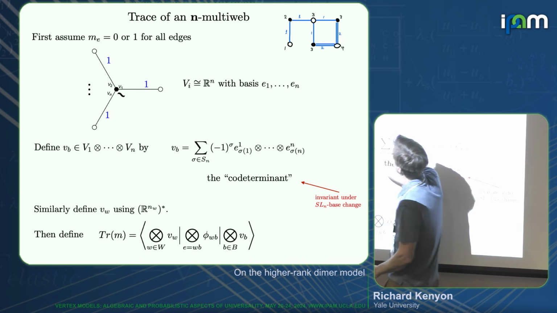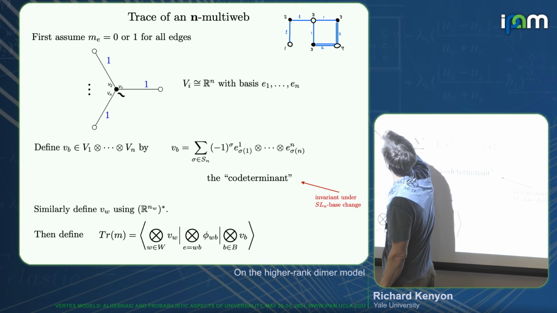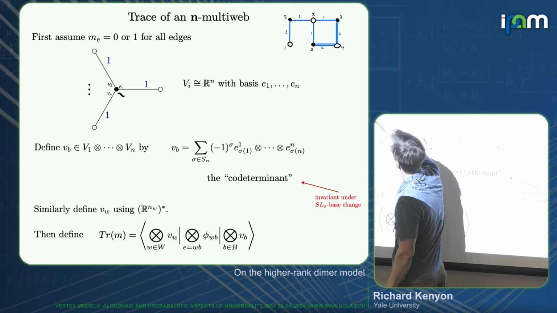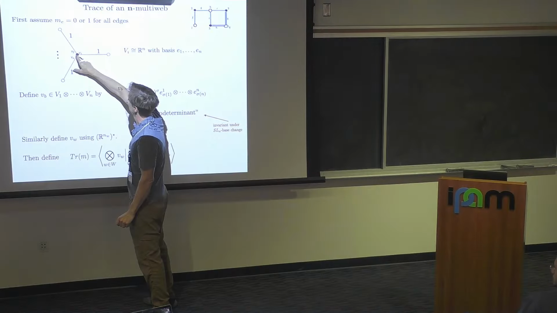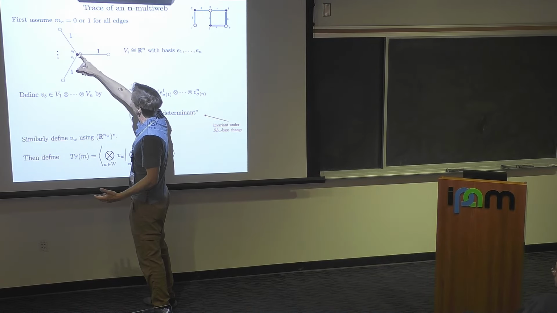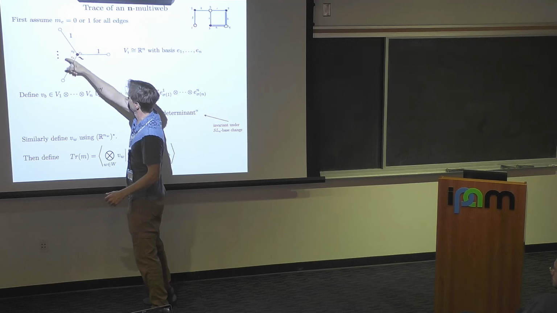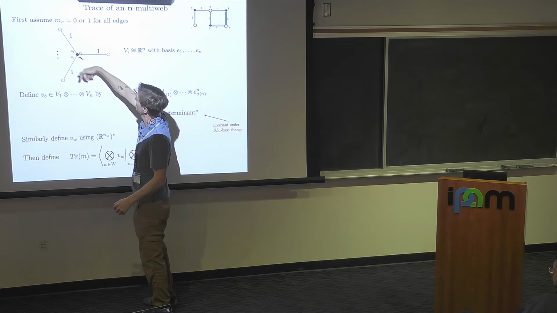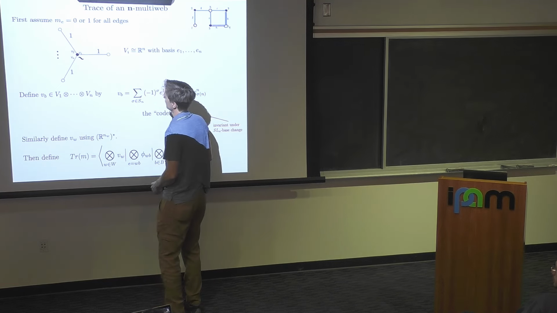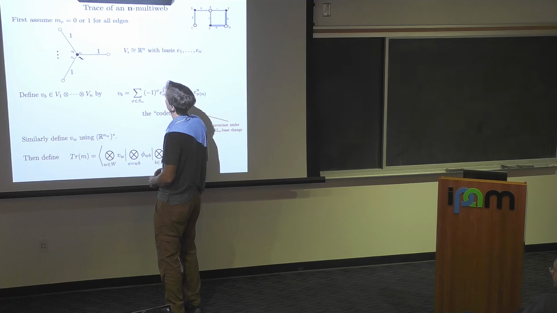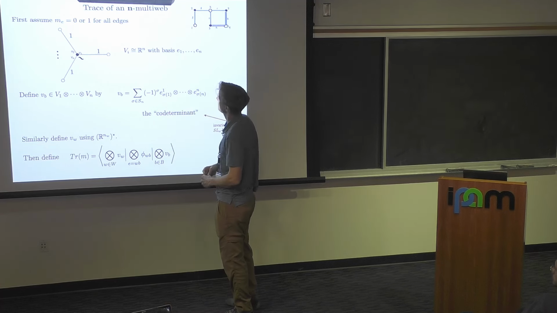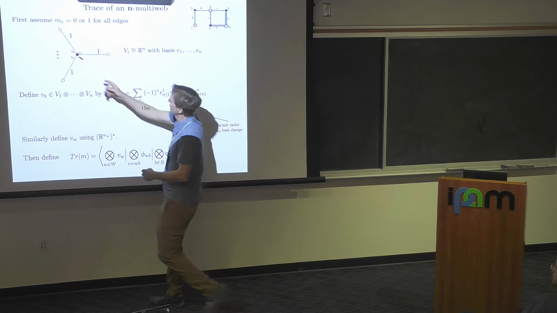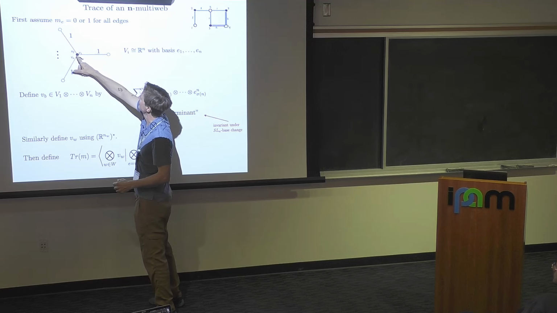All right, so at a vertex of multiplicity n, there are n edges of multiplicity 1 around it. And I'm going to associate a vector space of dimension n sitting at this black vertex.